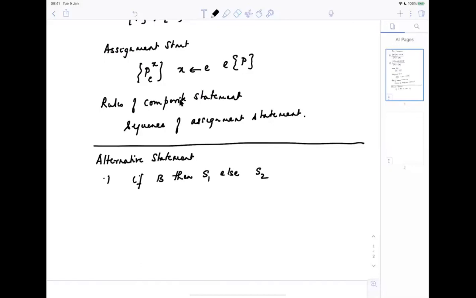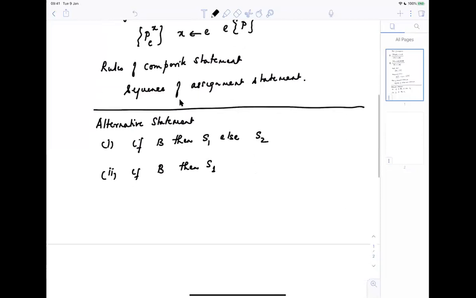This is one form, and we have another form. If B, then S1. Okay. So let us look at these two forms of the alternative statement and see how we will work on it.